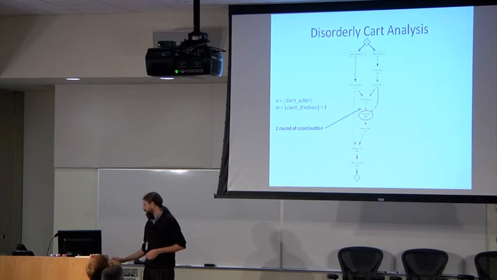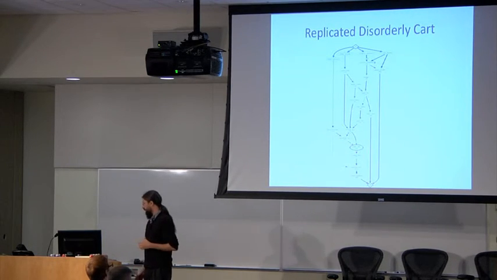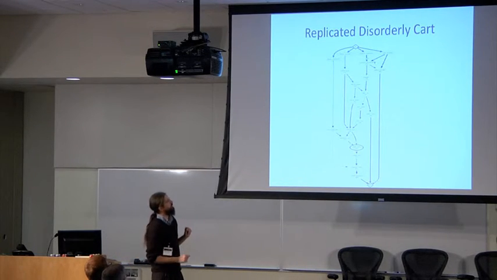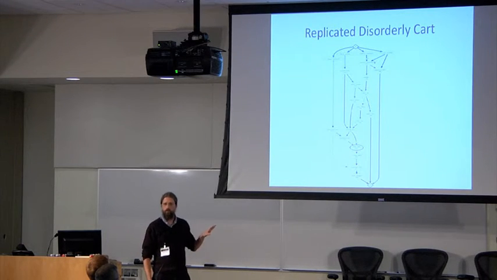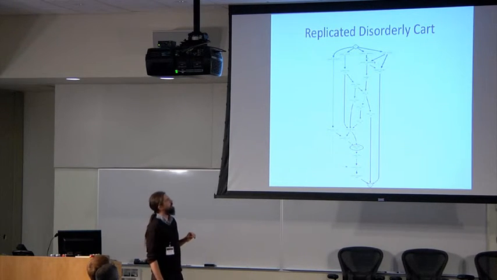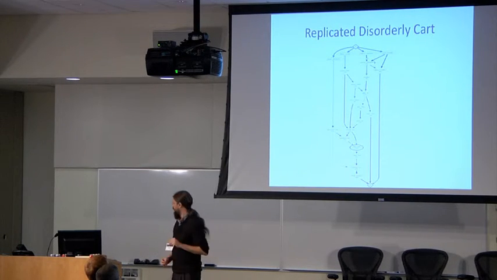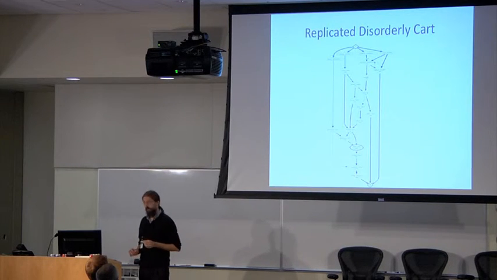And finally, when I extend that simple disorderly cart with full-fledged replication, so here's a picture of the program that adds order of half dozen Bloom rules to make sure that I'm multicasting to all my replicas. You've sort of already seen them. So, there's a distinguished replica who gets the update, he multicasts it to his peers.